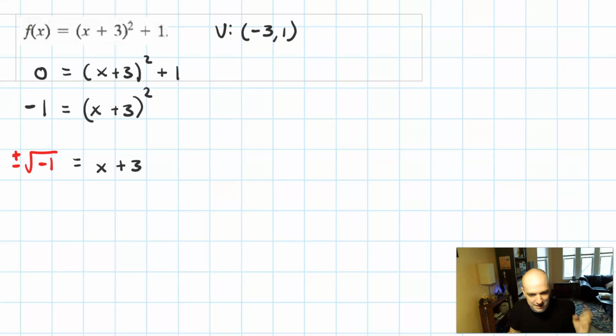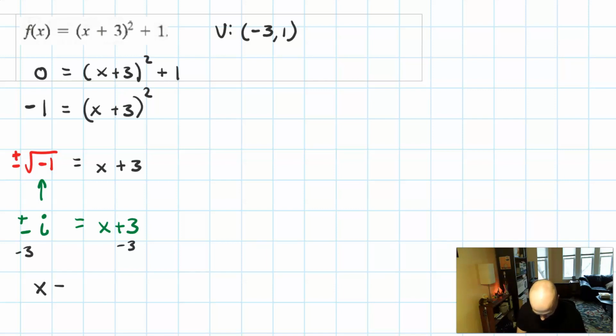But we're, like I said, in pre-calc section 2.2, so we actually know what this is now. This is going to be plus or minus i. And that's still equal to x plus 3. So then we can subtract 3 and get x is going to equal negative 3 plus or minus i.